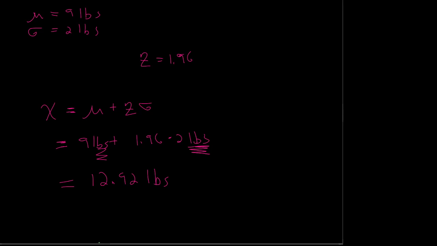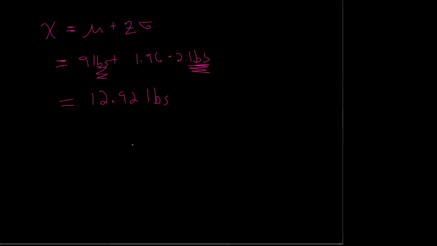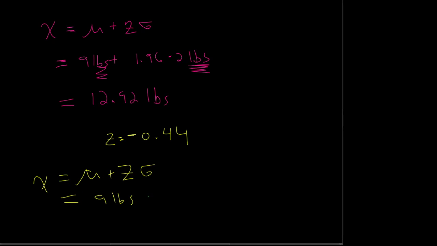So let's look at the same thing if we had a cat that had a z-score of negative 0.44. So its x value would be mu plus z times the standard deviation. So the 9 pounds stays the same.